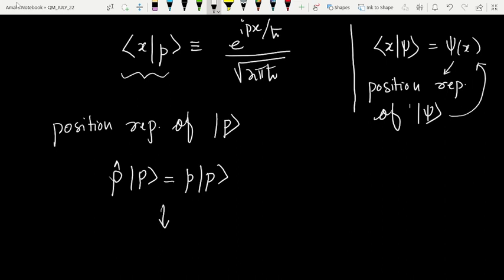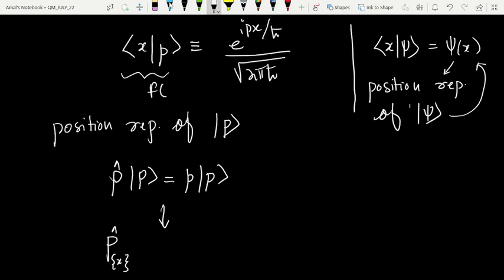What is the corresponding position representation of this? Position representation will be p in x basis. This is not p in x direction, it is just basis. I am just writing p in x basis, and we need the position representation of this p, that is x inner product with p.